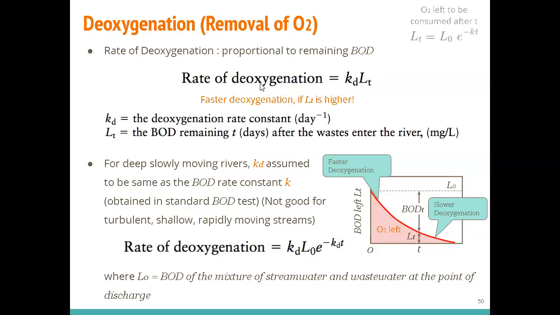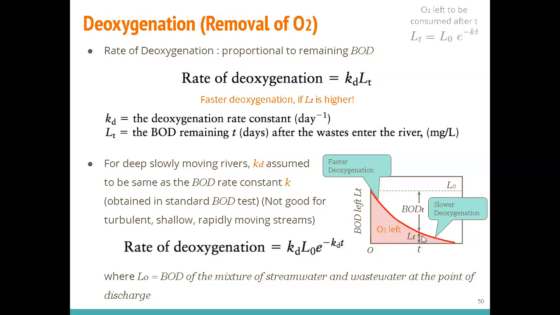Okay, so the rate of the deoxygenation equals the deoxygenation rate constant times LT. LT is here, this one, not L0. Okay, LT. So at any time, the decrease of oxygen will depend on the oxygen demand left behind, which is LT.